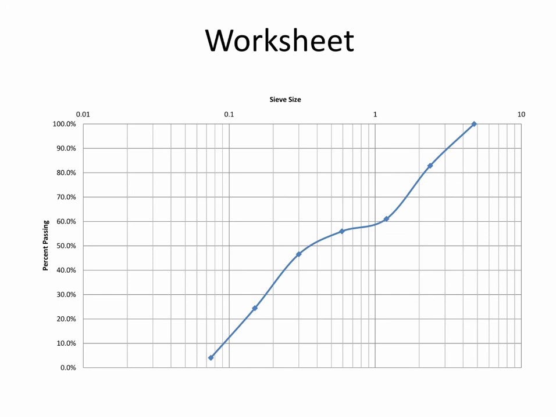We just go from 38.9% retained to 44% retained. So that's not a big jump like we see in other locations. And by looking at this plot, I would say this plot is kind of approaching a gap graded distribution. So there's a little bit of a flat spot or a gap in the sizes.